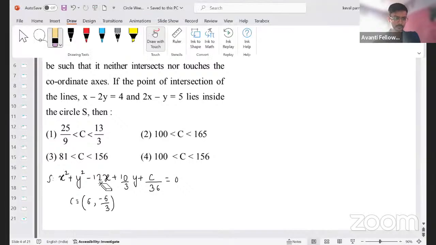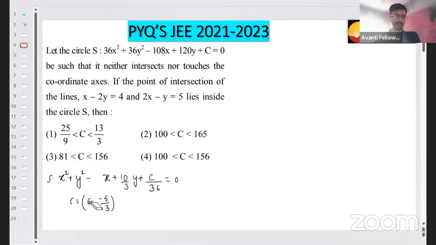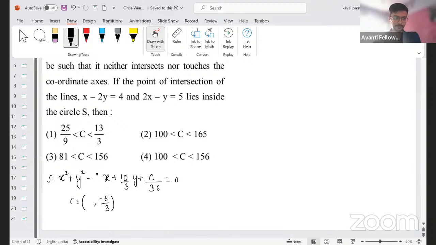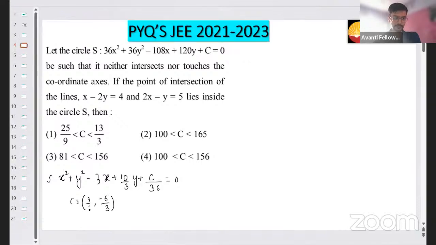Oh, sorry. I think this is 3, right? Yeah. So 3x. So this will be 3 by 2. Yeah. So the circle neither touches nor intersects the coordinate axis.